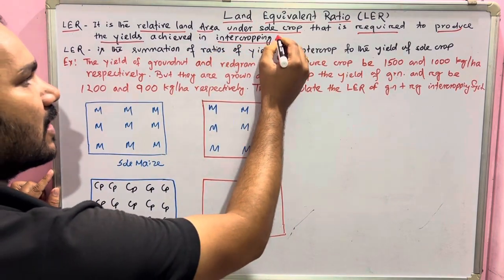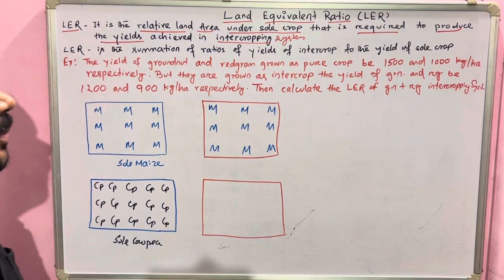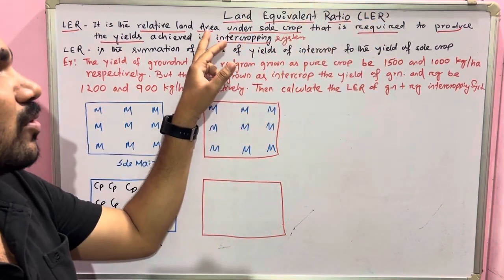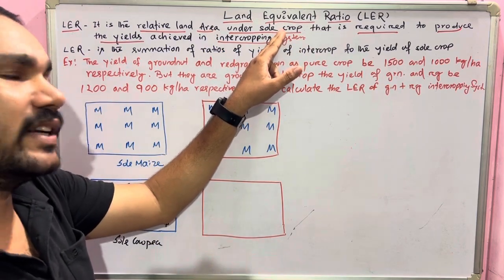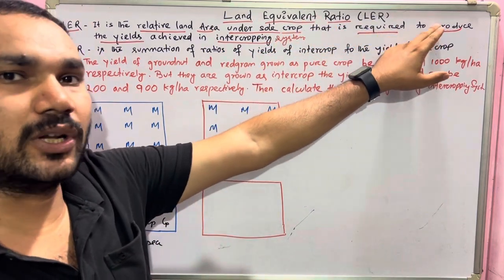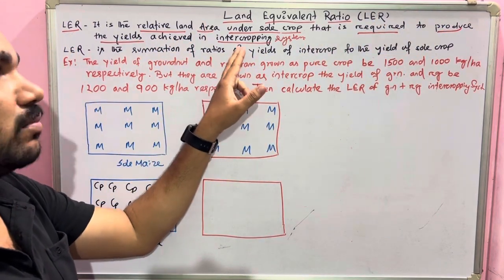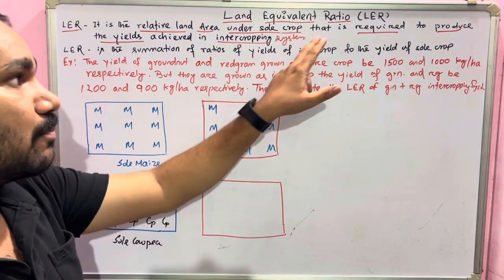Simply, land equivalent ratio means the amount of area under sole crop required in order to produce whatever yield you are getting from the same crop in the intercropping system. So this is the simple definition.